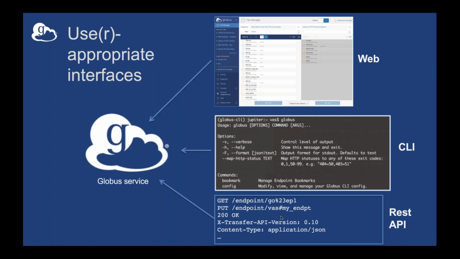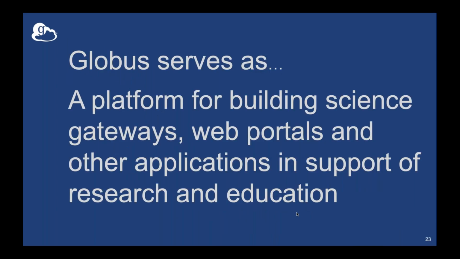And then finally, there's a REST API and actually a Python software development kit associated with that makes it easy to write application programs that will automate Globus activities. So I think I will now show you some examples of the sorts of things that these APIs, application programming interfaces, can be used for.